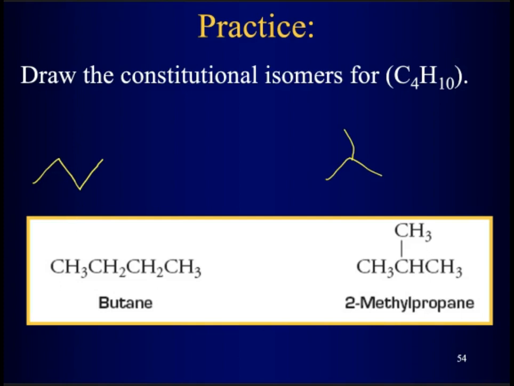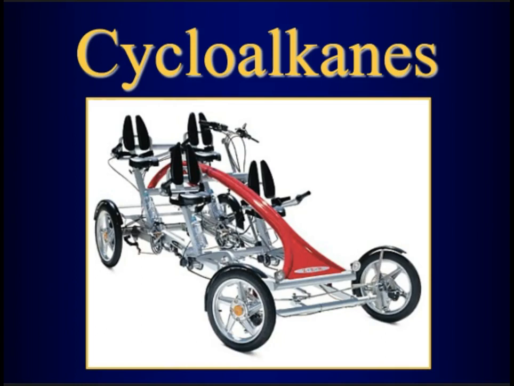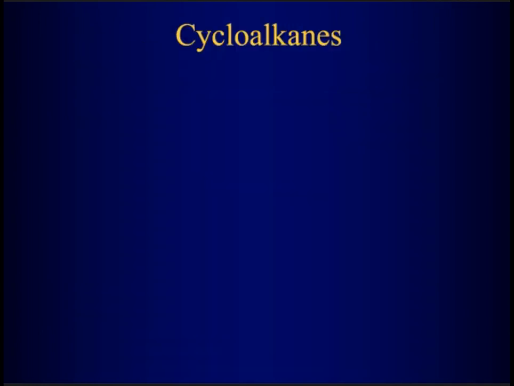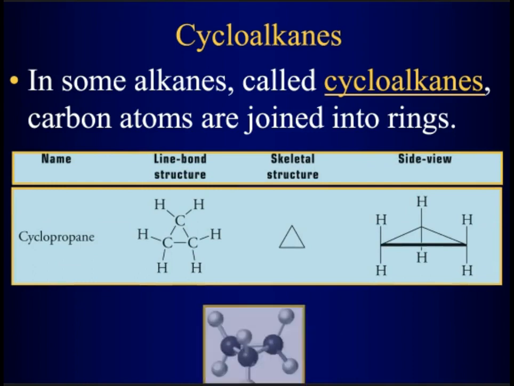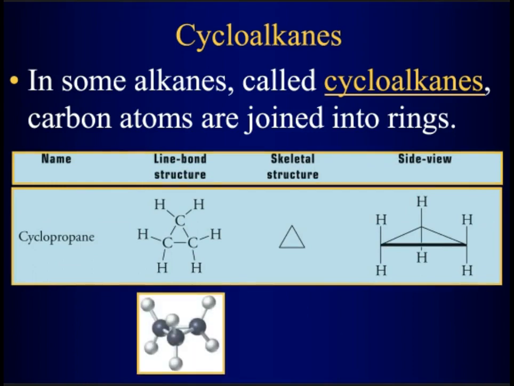So those are isomers for straight chain alkanes, but we can have different isomers for cycloalkanes. So let's look at our cycloalkanes now. So we said a cycloalkane, our carbons just join into a ring. So here are just a few examples of cycloalkanes. So I have a 3-carbon cycloalkane.